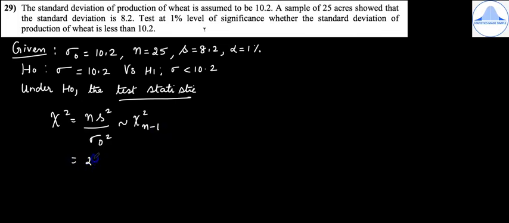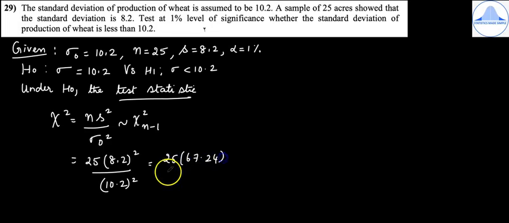So this is equal to 25 into 8.2 the whole square divided by 10.2 the whole square, which is equal to 25 into 67.24 divided by 104.04. On further simplification, we get chi-square is equal to 16.1572.